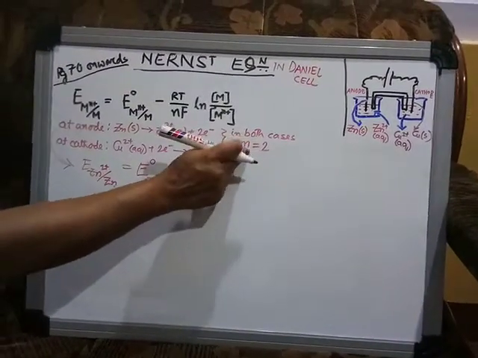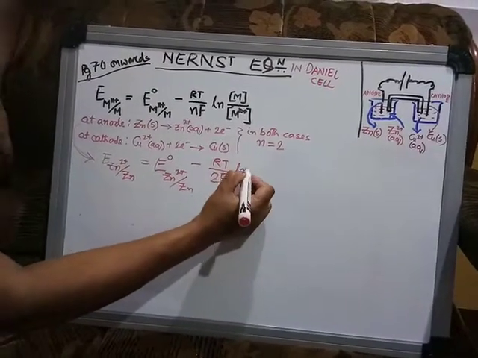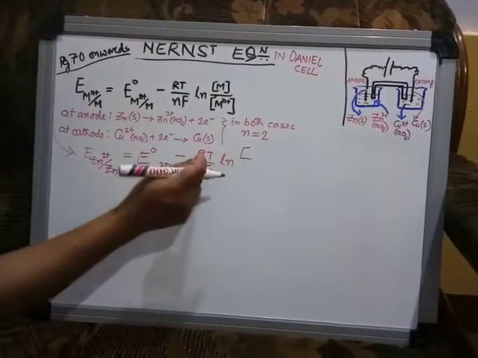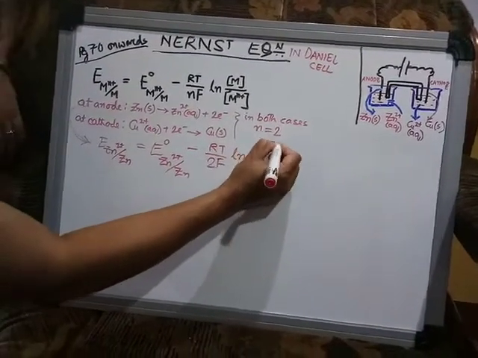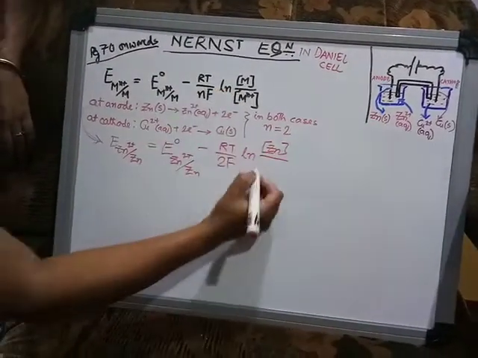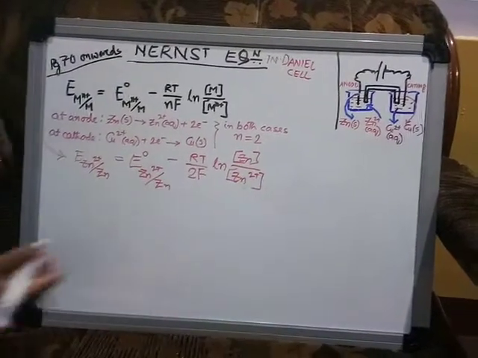Now you remember n is equal to 2, so we will write 2F, and then ln of what? Because we are doing it for zinc, zinc is the solid out here, and the ion is Zn2+. We will write it in this way.